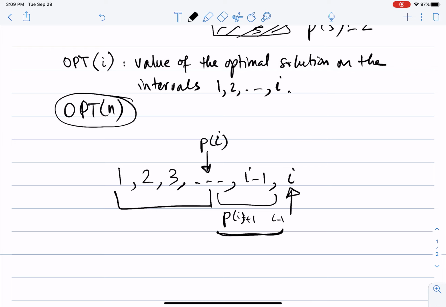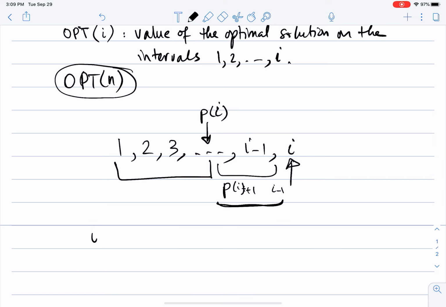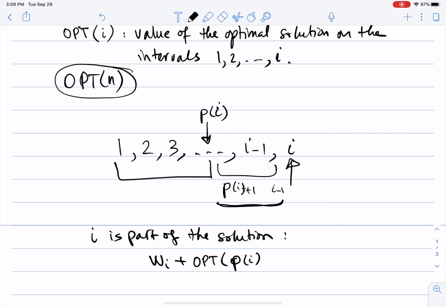So if I is part of the solution, then it must be that the value is the weight of I plus whatever that optimal solution all the way to P of I was. So what was the optimal solution we obtained from this part? Add to it W of I. This will be the weight of a solution that involves I.